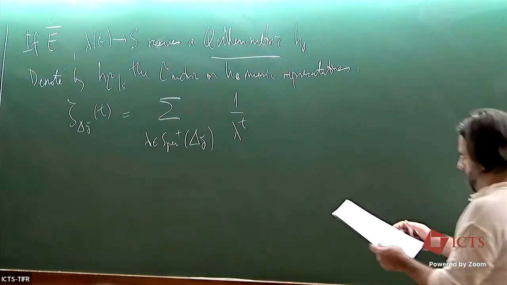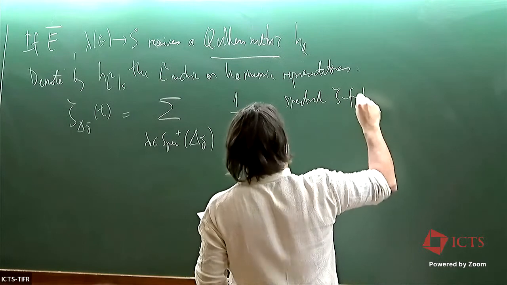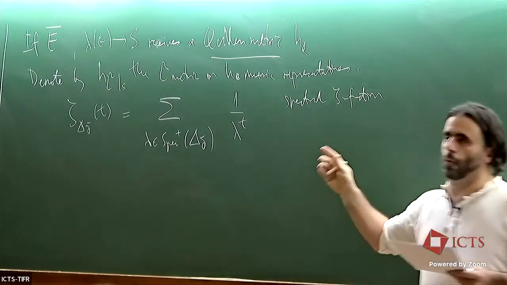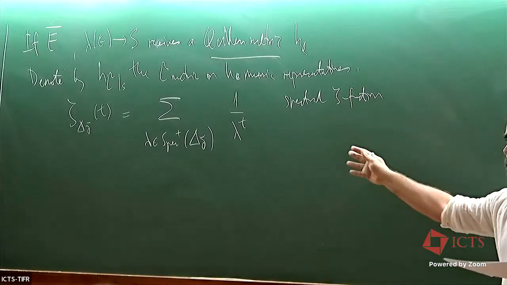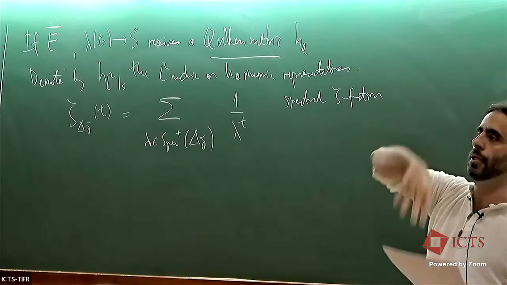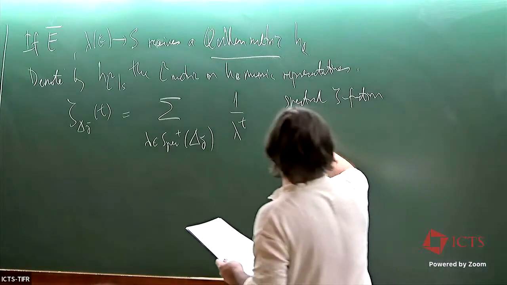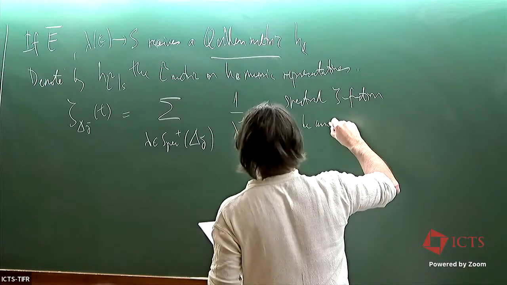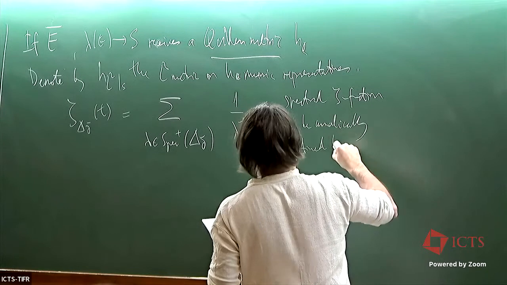So this is the spectral zeta function. You can prove that for t with real part large enough, this converges, and then it can be analytically continued to t equals 0.